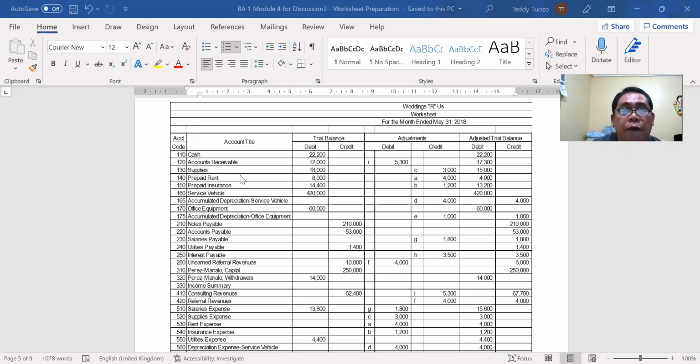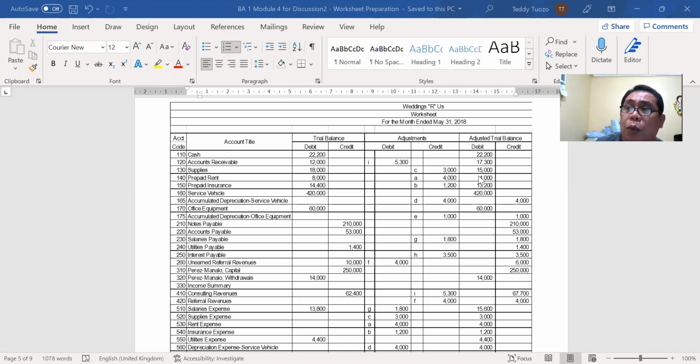For supplies, prepaid rent and prepaid insurance, ang balance sa unadjusted trial balance is under debit, but we had a credit adjustment. So what we did, i-minus, debit, credit man. So 18,000 minus 3,000 is 15,000. 8,000 minus 4,000 is 4,000. 14,400 minus 1,200 is 13,200.